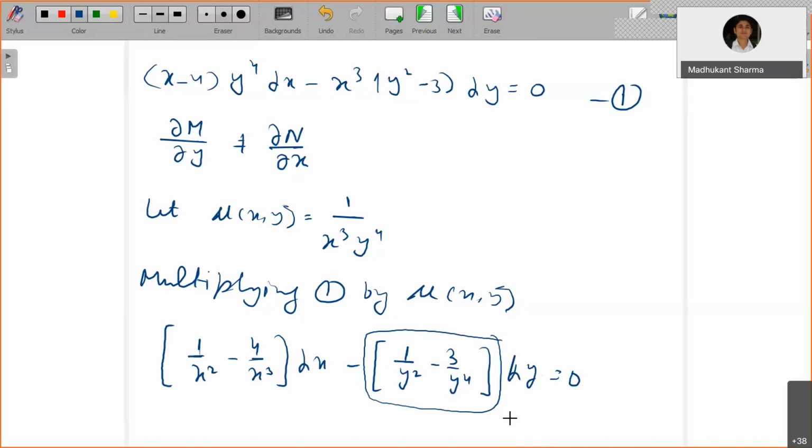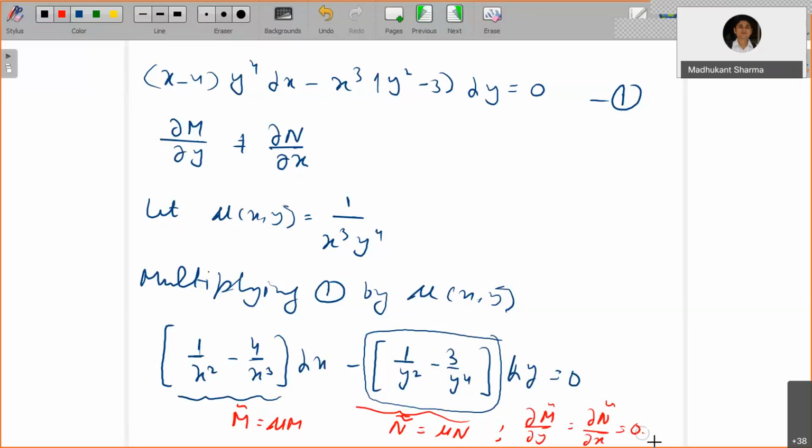Right. So this resulting equation, you may call this M tilde, and this is your N tilde. Because it's a modified equation, M tilde is nothing but mu M, N tilde is nothing but mu N, and you can verify that dou M tilde by dou y is equal to dou N tilde by dou x.